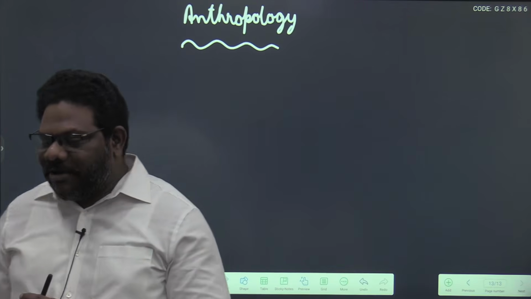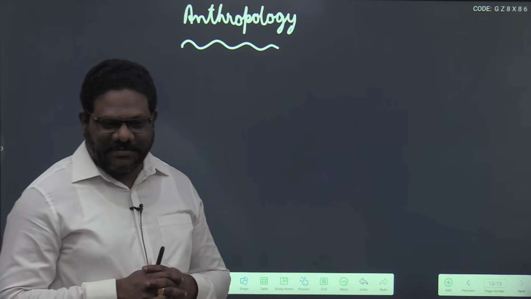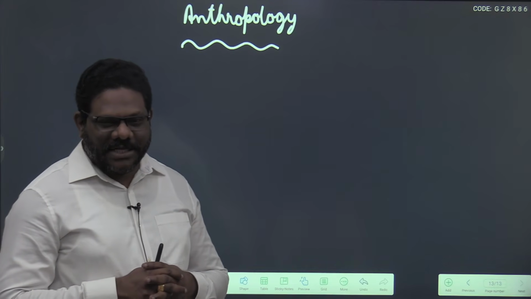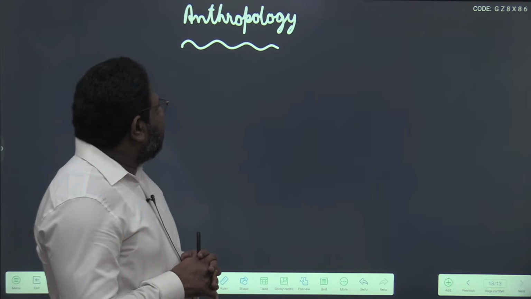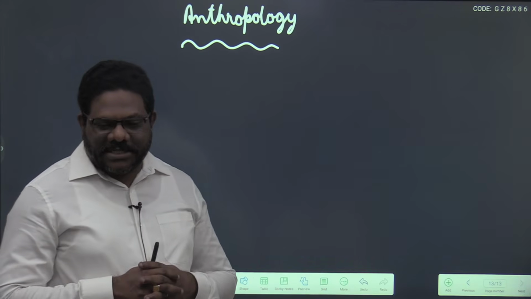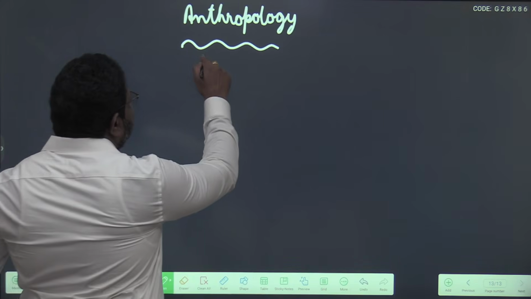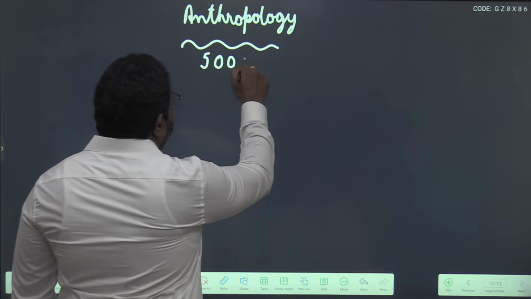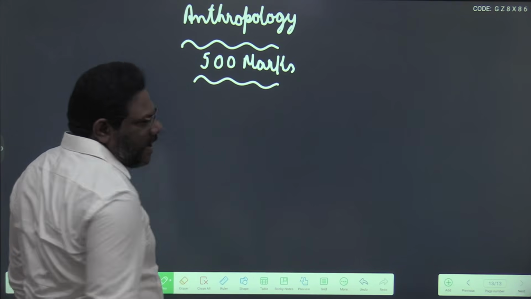And how many of you have seen the question paper of anthropology? Yes, some few students are there. So anthropology, how many marks? This optional, not only this optional, any other optional is for 500 marks, isn't it?